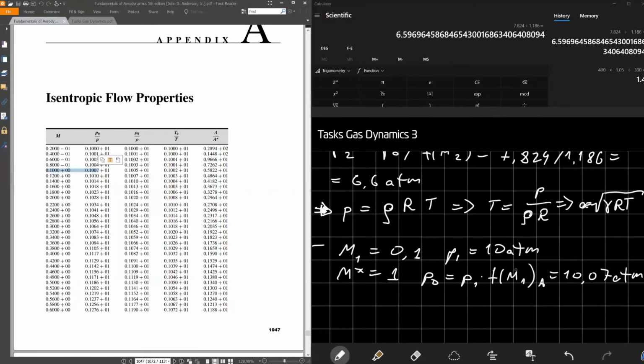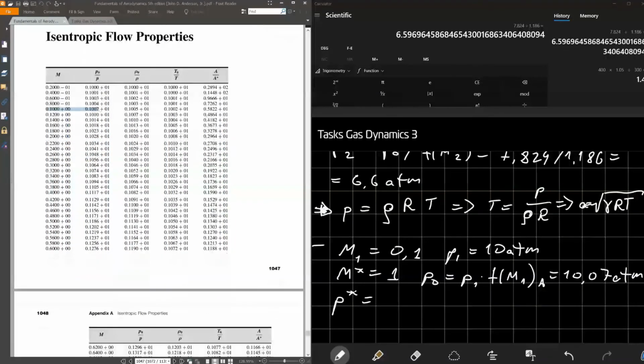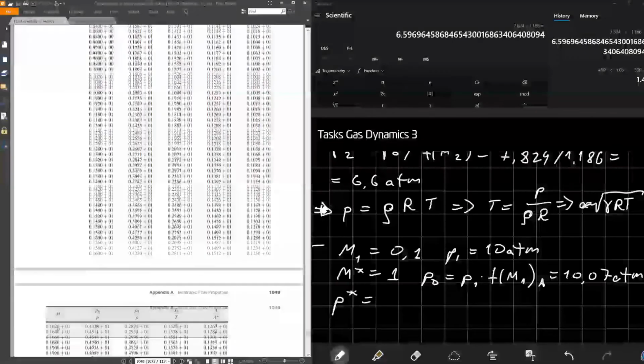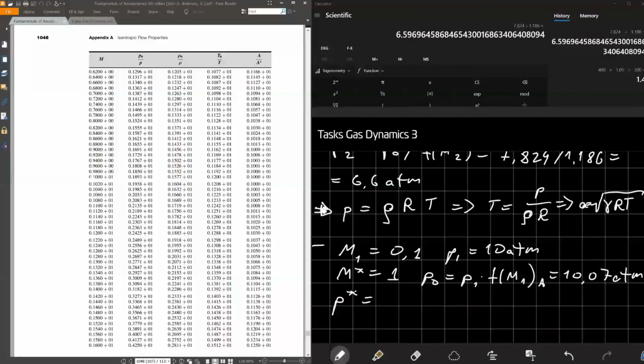Okay, so I receive my stagnation pressure, and now I want to know the properties at the characteristic point, P asterisk. What is P asterisk? I will go again to the isentropic flow properties in appendix A. I will find my Mach 1, and the pressure ratio is here, 1.893.